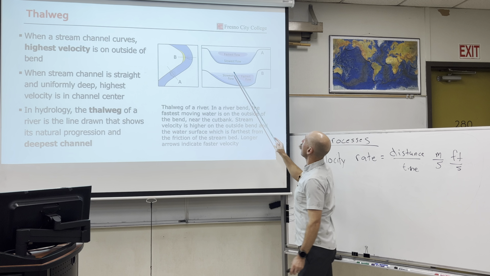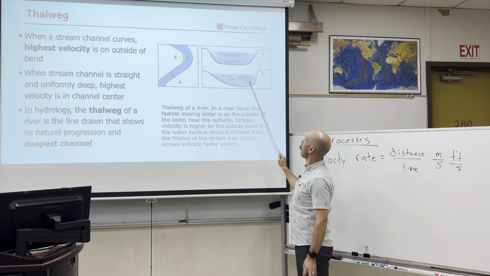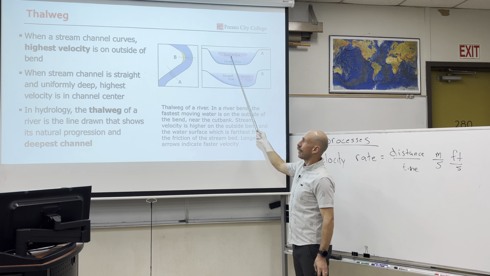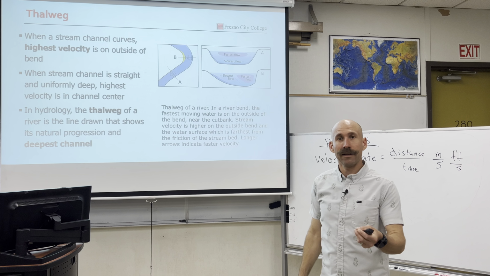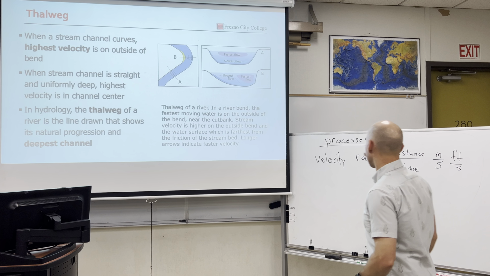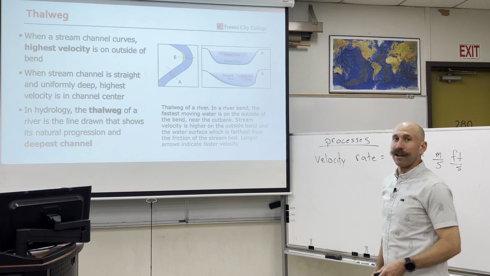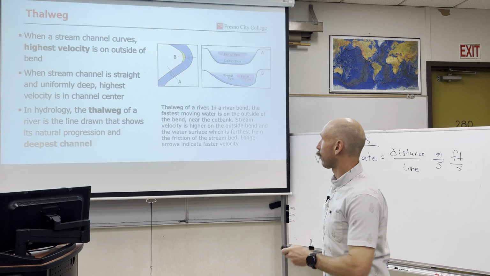There's a portion of the river where it moves faster and slower: on the outside of a bend, and in the very center when it is straight. We can use the Thalweg to understand the characteristics of a river, and how rivers flow in these river systems.